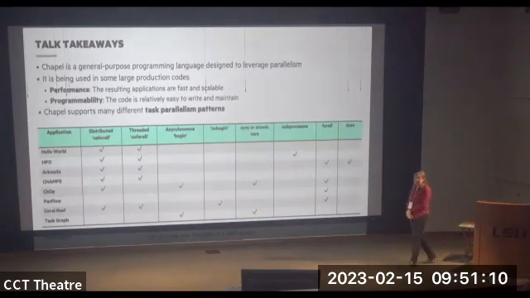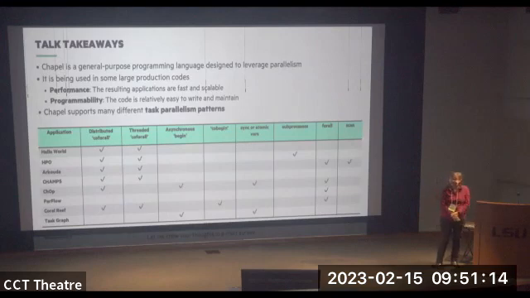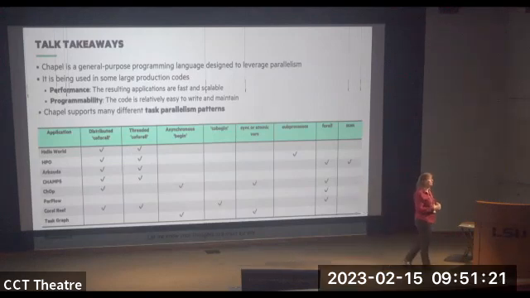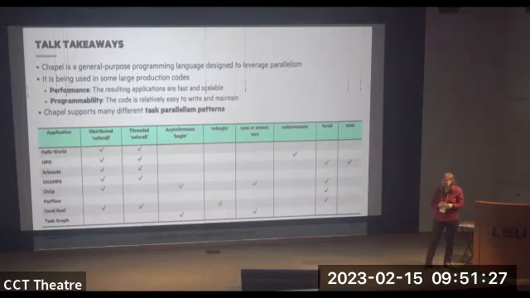All right, so with that, I'm going to wrap up with some takeaways. Chapel is a general purpose programming language, and it was designed from the very beginning to leverage parallelism at all different levels and of all different kinds, including asynchronous parallelism.